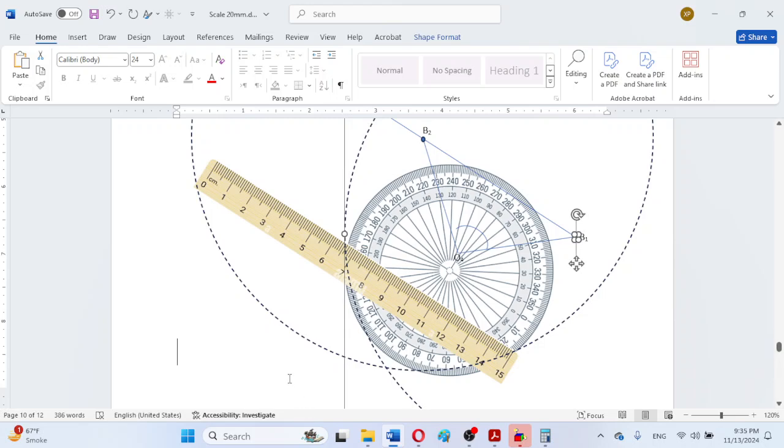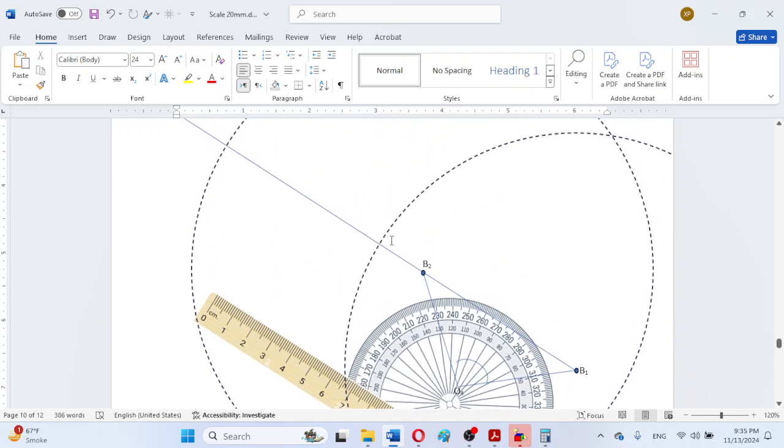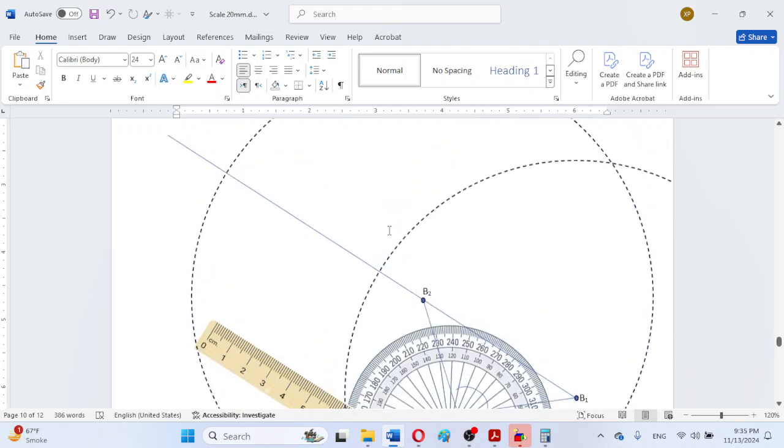So now, as we can observe, this is the second circle that has been described. So these are two arcs that have been drawn at B1 and B2.